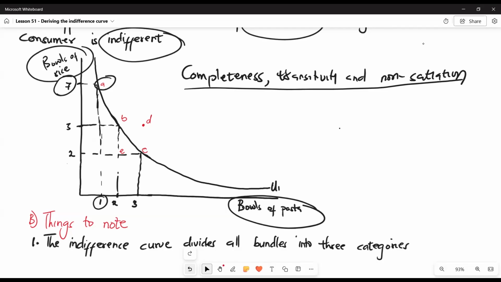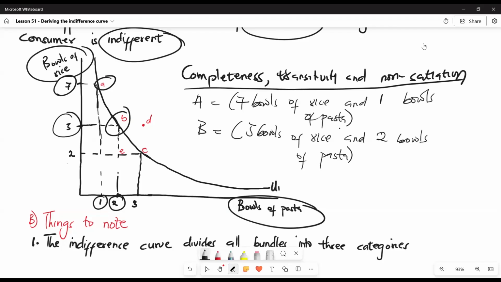Now, suppose Ella says that if I take 2 bowls of rice from her, then I'll need to give her 1 more bowl of pasta to keep her as satisfied as she was previously. This will move Ella to point B here, which is 5 bowls of rice and 2 bowls of pasta.